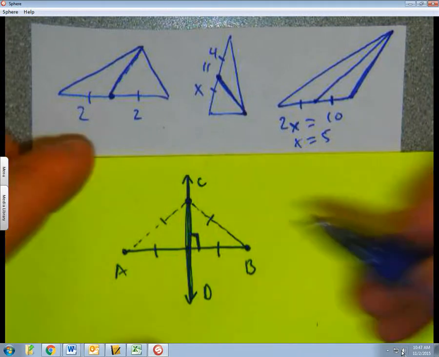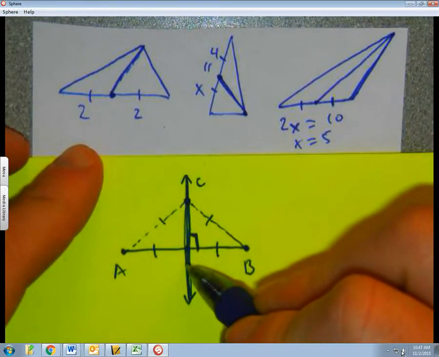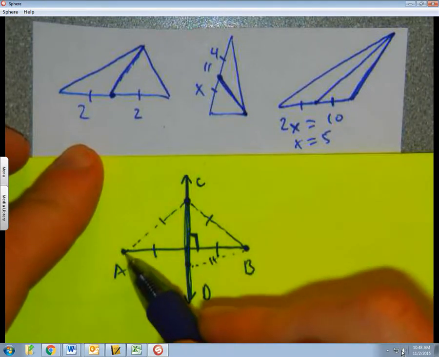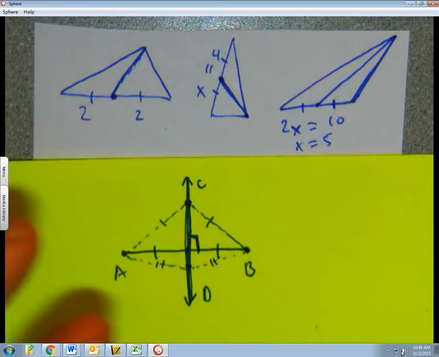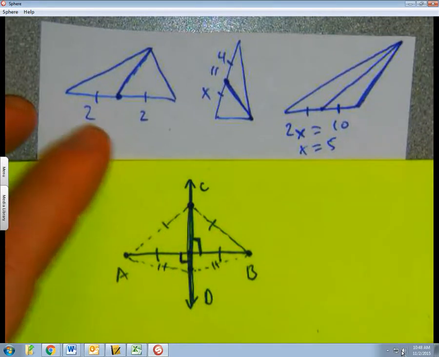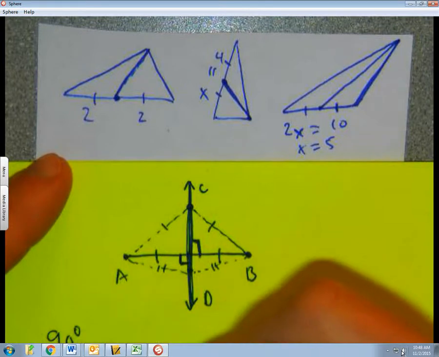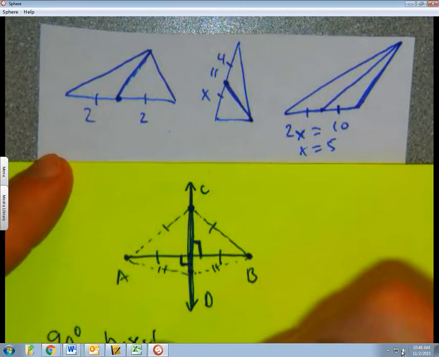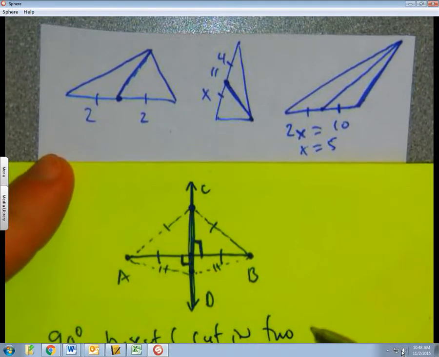If let's say we're down here, then this guy would be the same as that guy. Okay, and we know perpendicular bisectors are 90 degrees. So I'd say 90 degrees and bisect, cut in two equal parts.